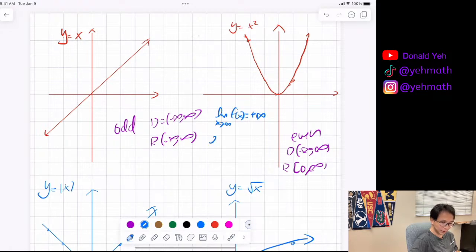Positive infinity. And limits as x approaches positive infinity of f of x is equal to positive infinity. So they both go up, up. Okay? So that's how you write it in the appropriate way, how to do the end behavior.